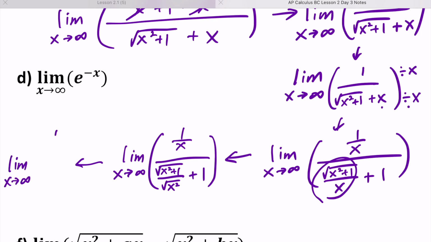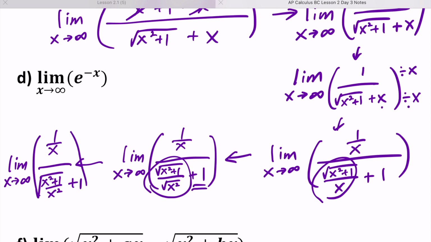I could combine these square roots, the quotient of the two square roots, as the square root of x squared plus 1 all over x squared, and then there's a plus 1 still on the outside, and then it's getting pretty messy here.